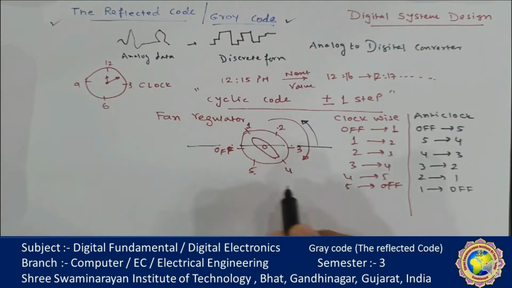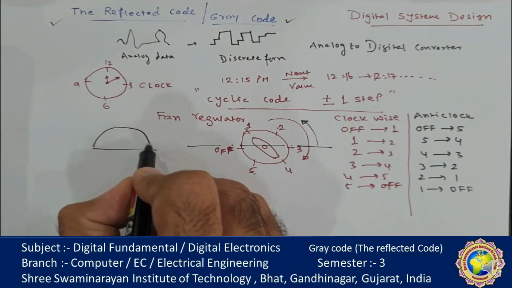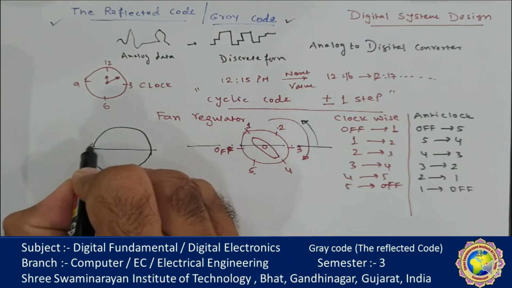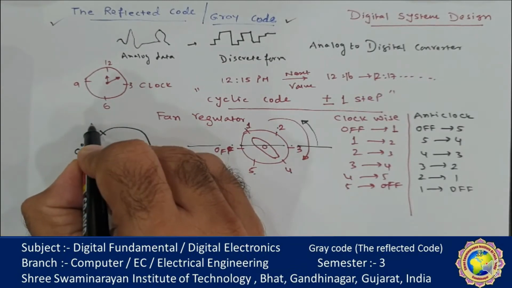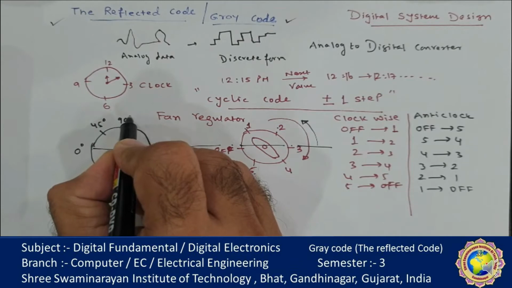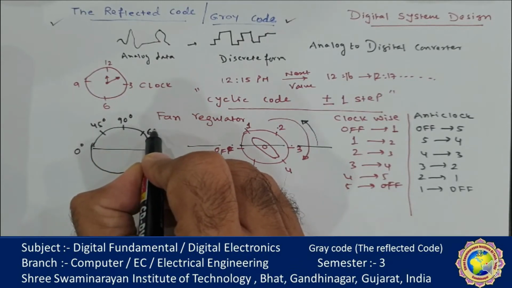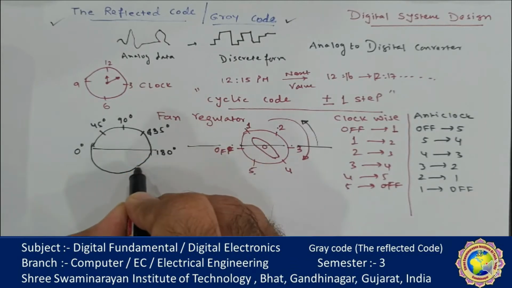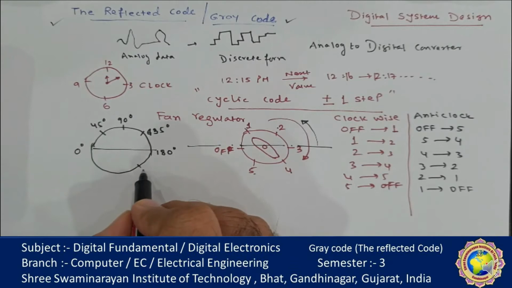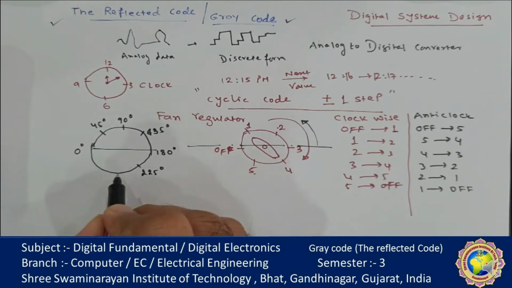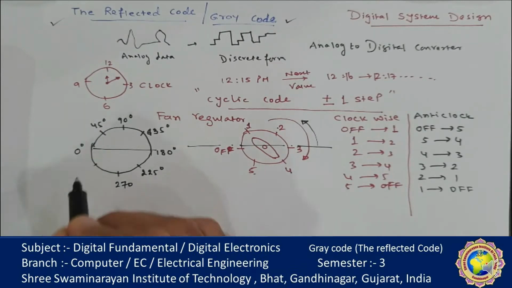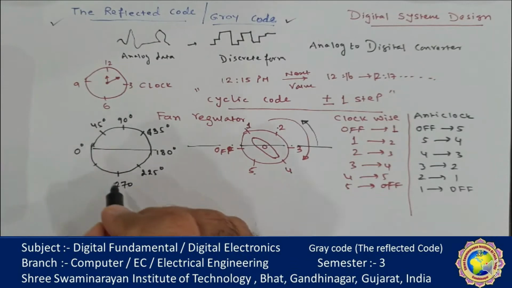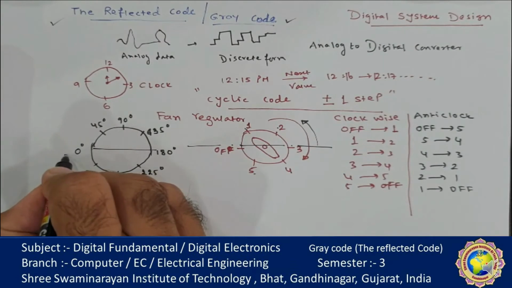Like, suppose I have one circle and the degree is here 0 degree, 45, 90, then 135, 180, then 225, then 270, then 315, and again 360 degree.